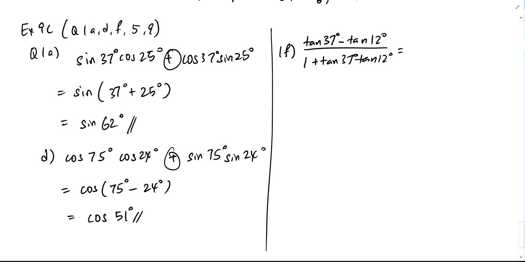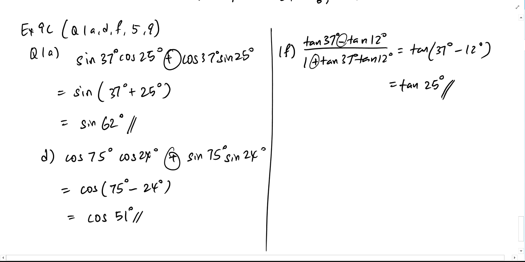So since this is a minus in the numerator, this is a plus. The signs are always opposite for this tangent expansion. So I know that this is going to be tangent of 37 degrees, and we are going to follow the sign in the numerator, minus 12 degrees, combined to become tangent of 25 degrees.